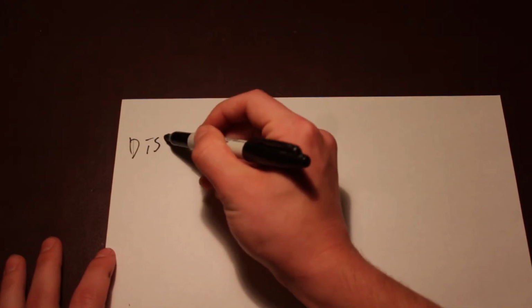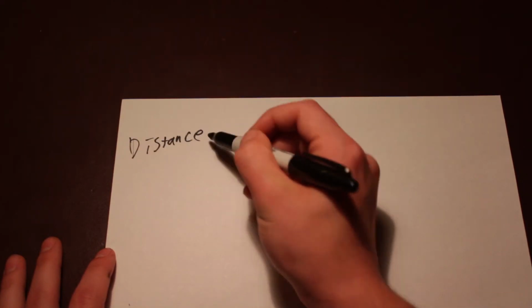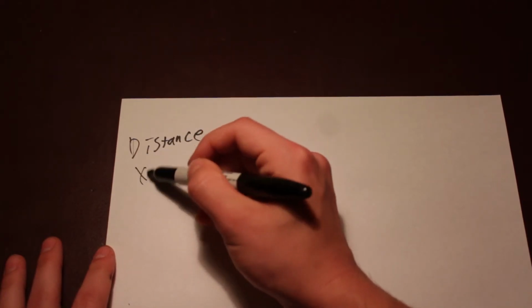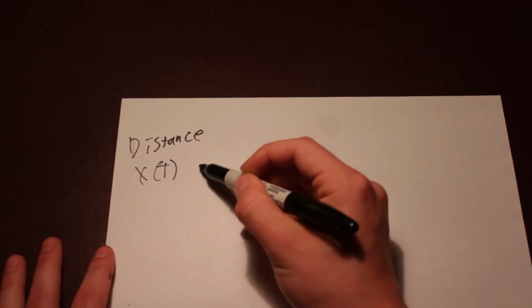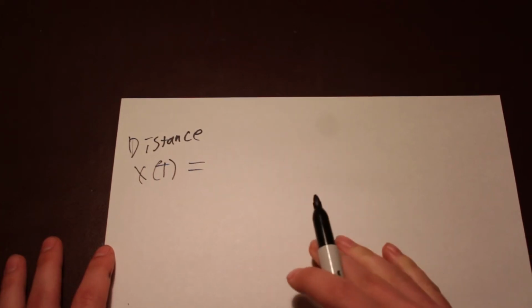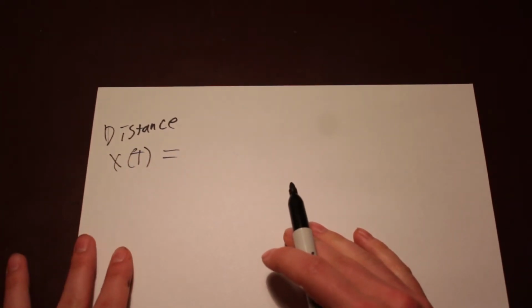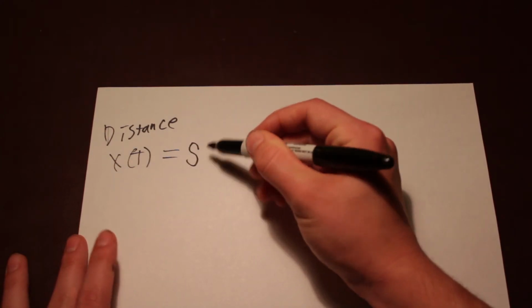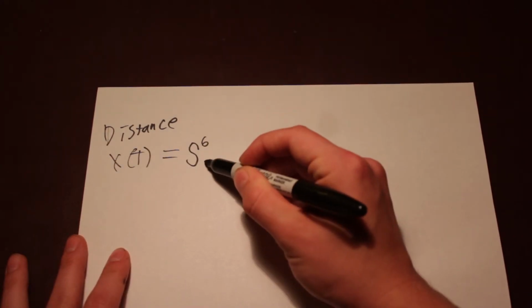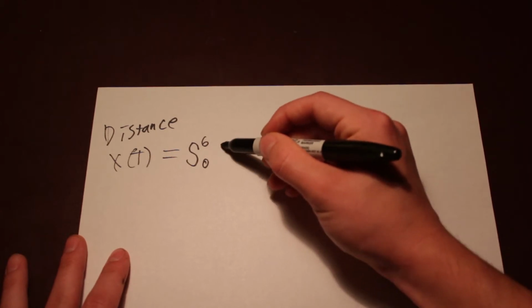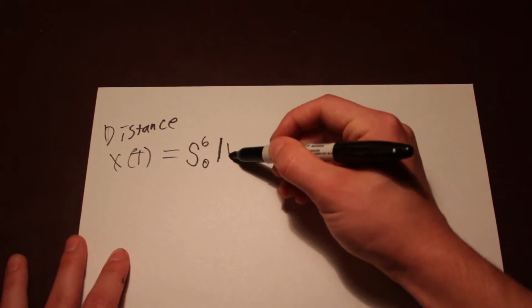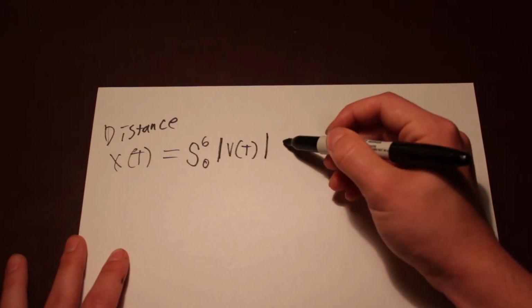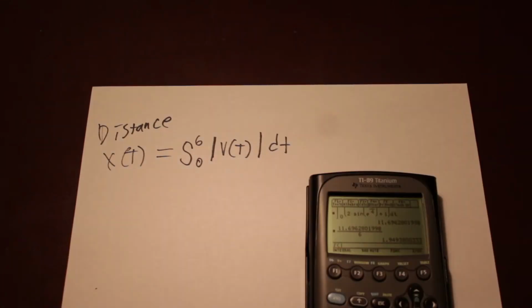So we have distance, which is x of t, equals the integral from 0 to 6 of the absolute value of v of t dt.